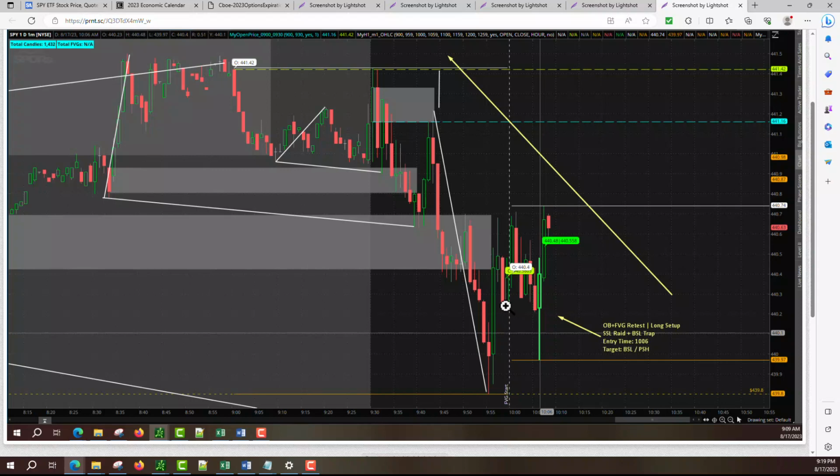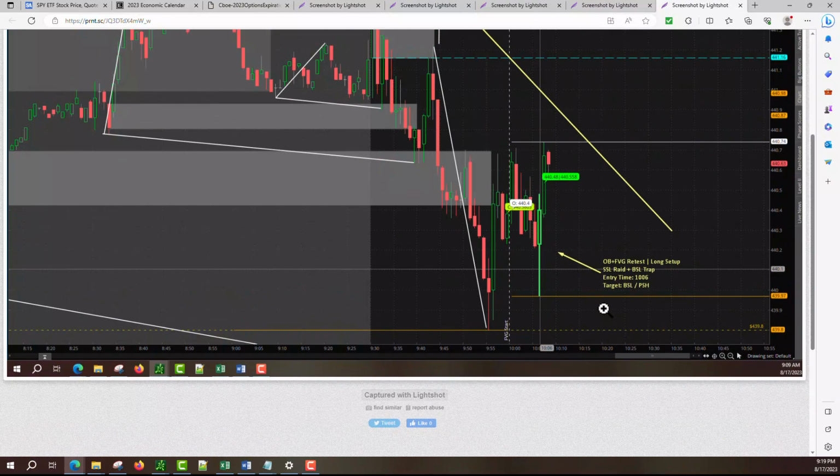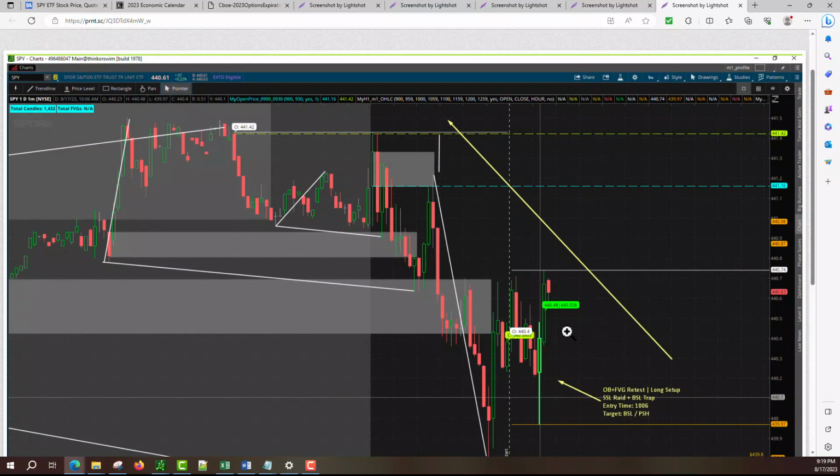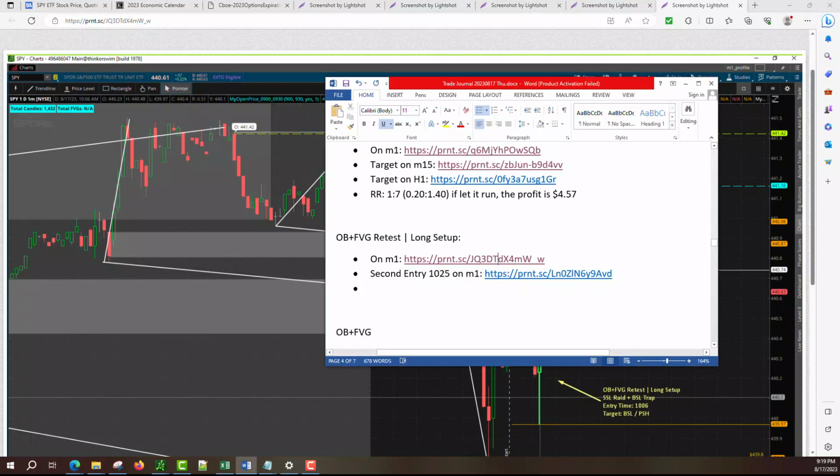Because we used a sell side liquidity right here, we raided it, and then we saw that the buy side liquidity is still dropped here. Then we go long. That's fine. That's a good setup right there. But let's see how it turned out.